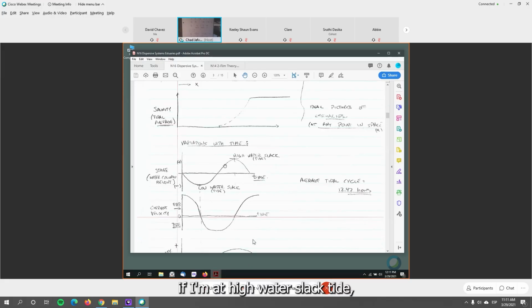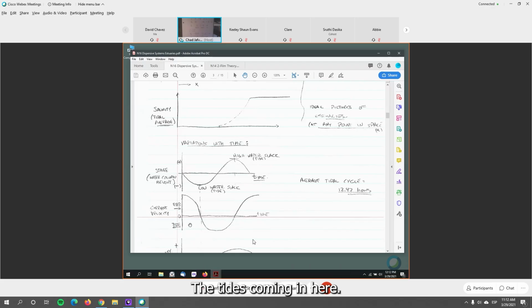The current velocity then, if you look at any place along this tidal river in this estuary, if I'm at high water slack tide, that means the water is kind of not moving. And here the current velocity is 0. But since it's high water slack tide, after that, the water is going to move and it's going to be positive. It's going to go towards the ocean. So here we're in ebb cycle, and here you're in tide cycle.